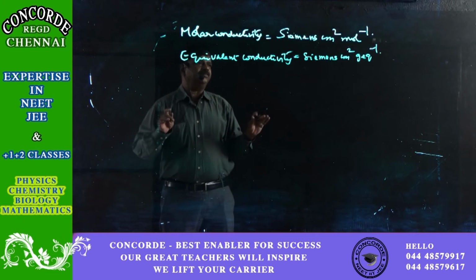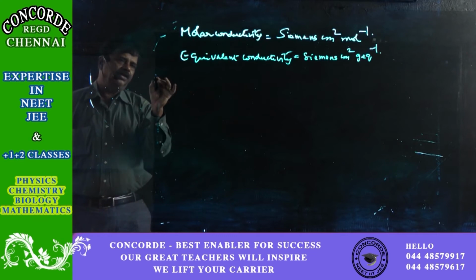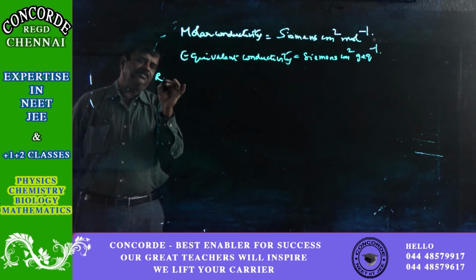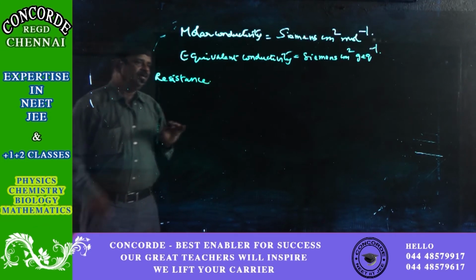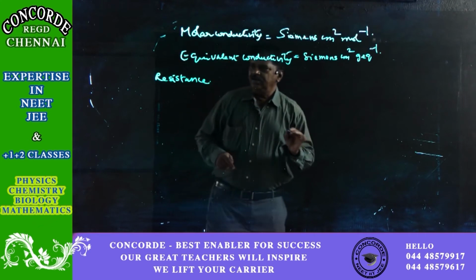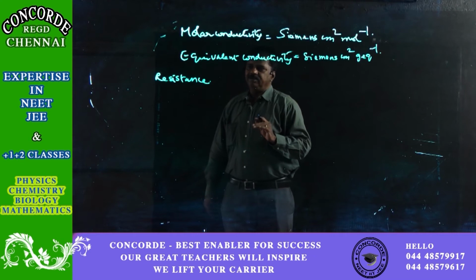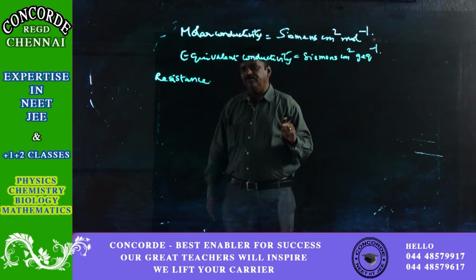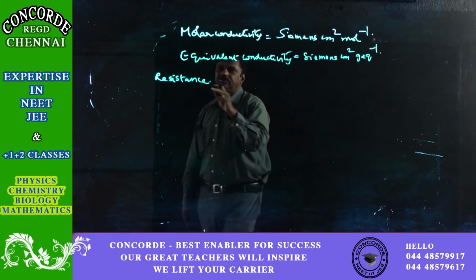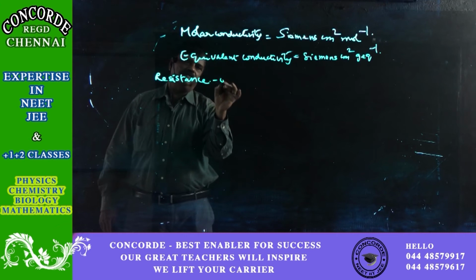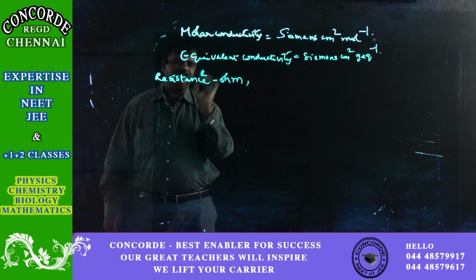To avoid confusion, we will summarize in a nutshell what is what and what the unit is. Resistance is what is offered when there is a flow of electrons through the conductor from one end to the other. Resistance is R and it is measured in ohms.